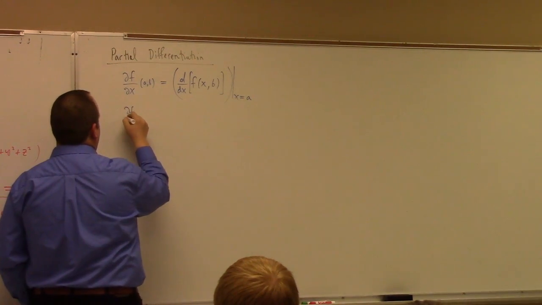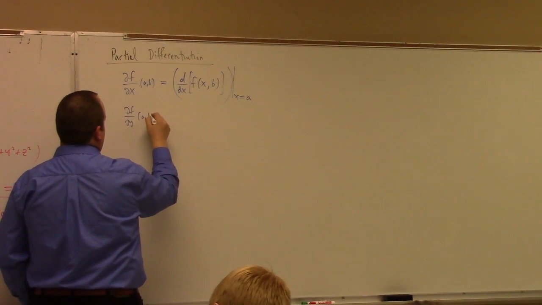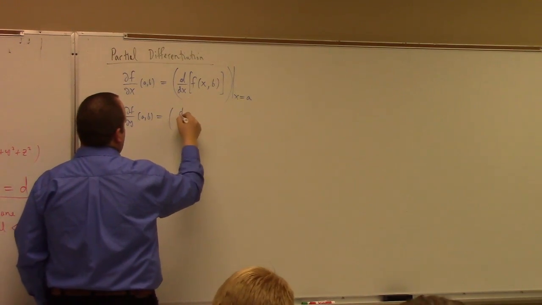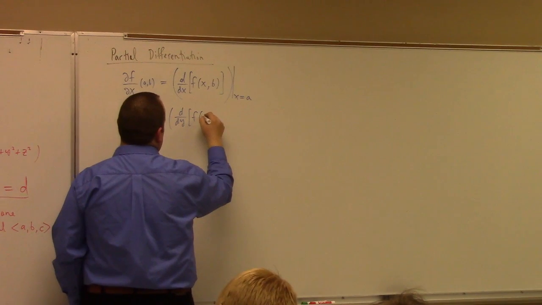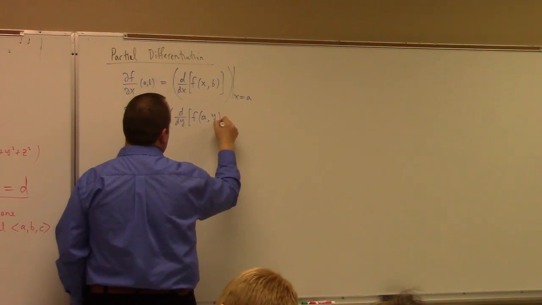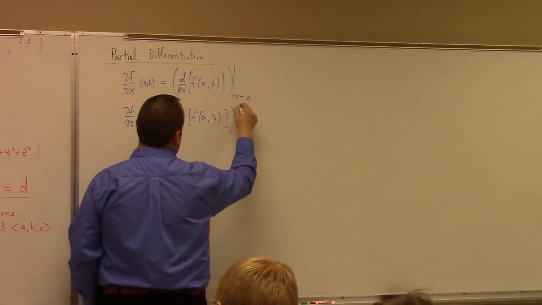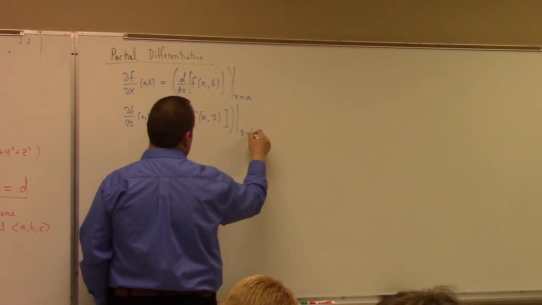Partial f, partial y at the point a comma b: you take the derivative with respect to y of f of a comma y, and then at the very end of all that, you set y equal to b.